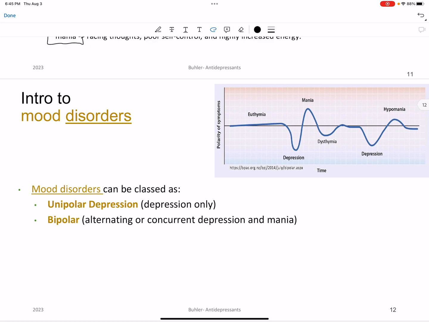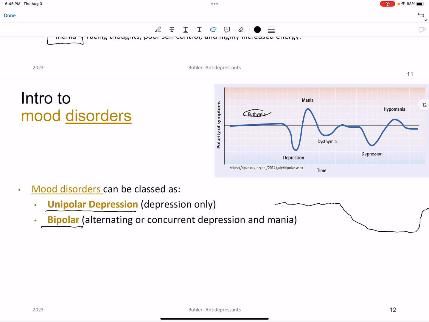So those were the mood states. Euthymia is a mood state; you can feel depressed, you can feel euthymic, you can feel happy or hypomanic. But the mood disorders are unipolar depression and bipolar. Unipolar depression means that you're going along with a baseline mood state, and when you go into a depressive episode, it goes down.